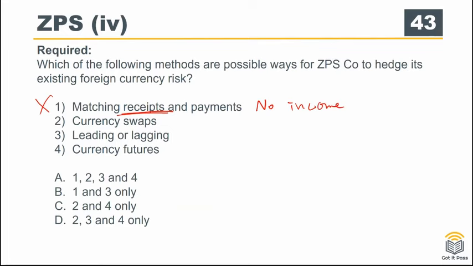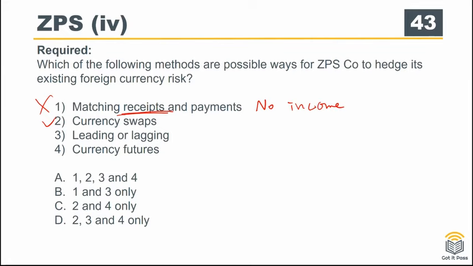If there's no income, then it's impossible for the company to match the payments with receipts. And for currency swaps, yes, it's possible because it is a financial instrument arranged by any financial institutions for any customers who would like to hedge the exchange risk.